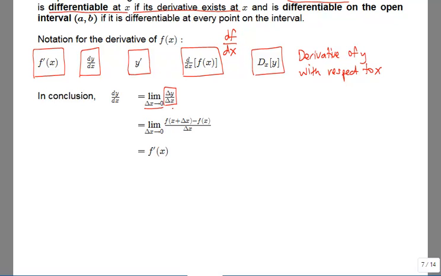Okay? And again, if you're using f notation instead of y notation, then this would be the same as df dx. Okay, so you can see those interchangeably. And I will ask for problems using all of these different notations, so you'll want to be familiar with all of them.